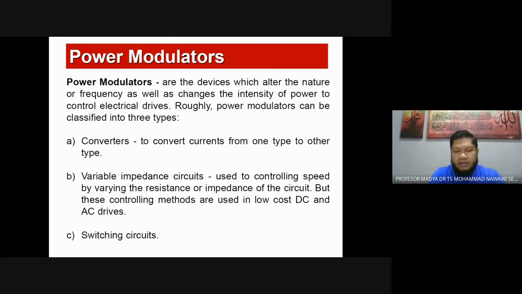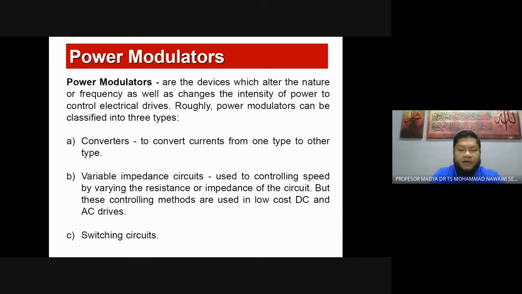Power modulators again. These are again the converters. They alter the nature of the voltage, current, or frequency, as well as change the intensity of power to control the electrical drive. Converters convert current from one type to another.